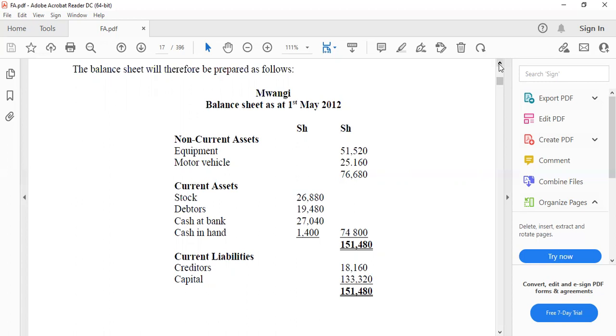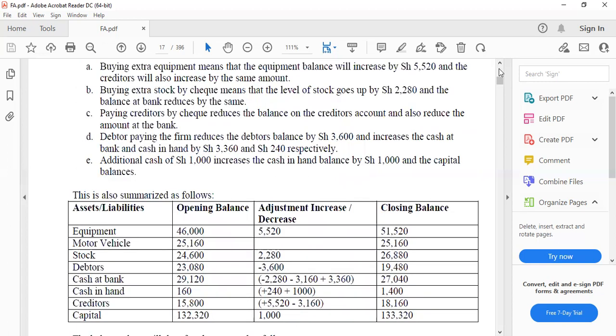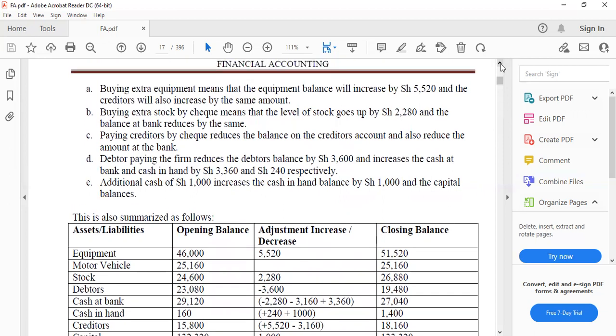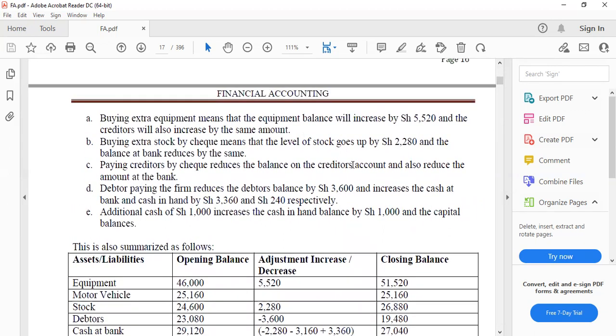So the concept of the accounting equation comes hand in hand with the balance sheet. And I mentioned that adjustments are most of the things that come in the exam and make students fail. If you understand these adjustments, then preparing a balance sheet will be something very easy.